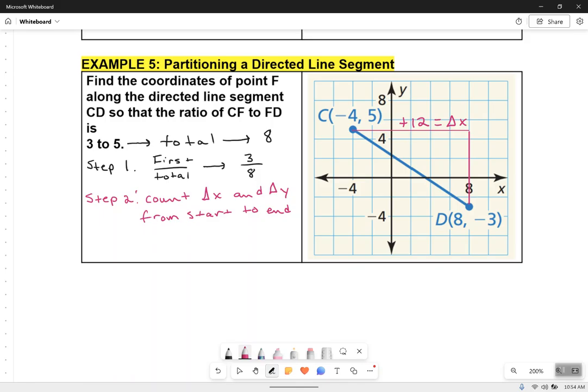Yep. So I'm going to put -8 right over here, friends, and that's going to equal my change in Y. Cool with that, my friends? All good? Okay, so here's what we're going to do, kids. Once you've counted that, the third step.